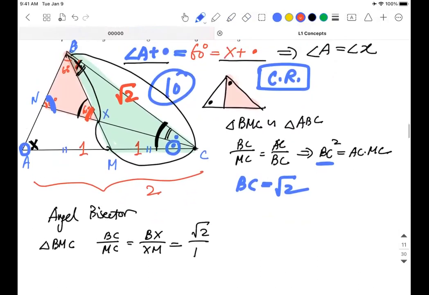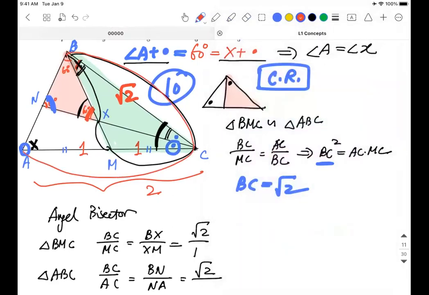Easy peasy. Same thing in triangle ABC. I'm going to do exactly the same thing. BC over AC equals to BN over NA, which is also equals to, let me change a different color to help you guys understand, BC is here over AC equals to BN over NA. This is √2 over 2.